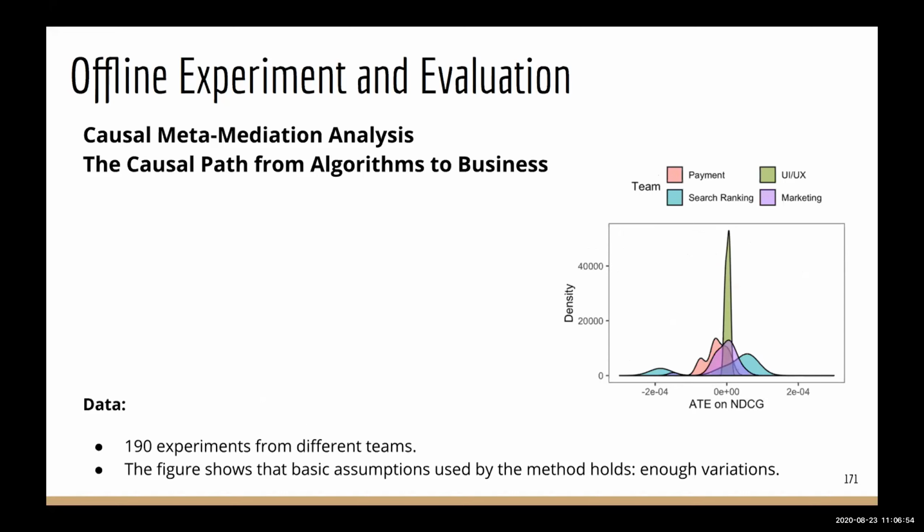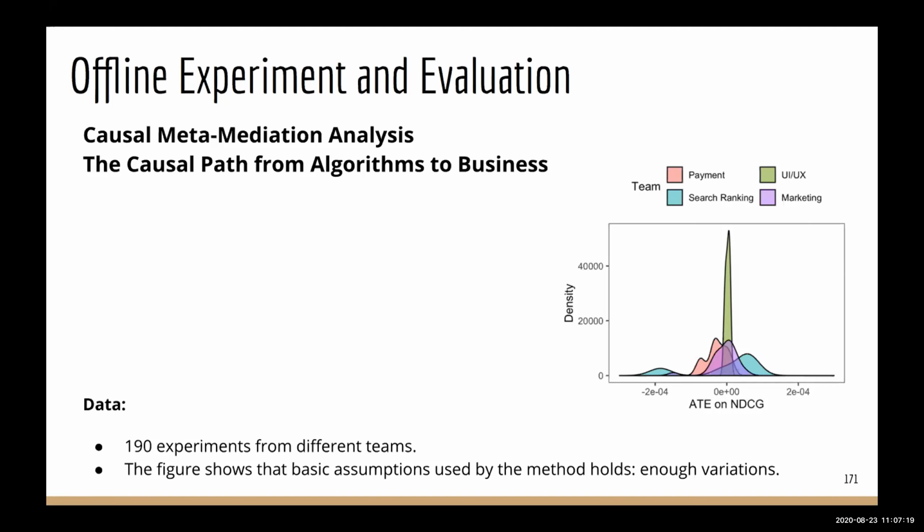And first of all, we plot the distribution of how these different experiments change the NDCG, and this is really the average treatment effect. 0 means there's no impact, right? So there's 0 ATE.